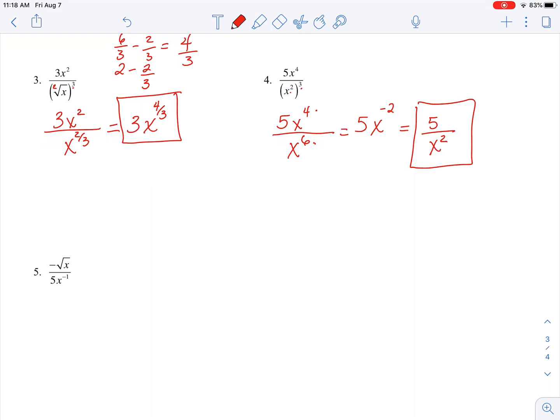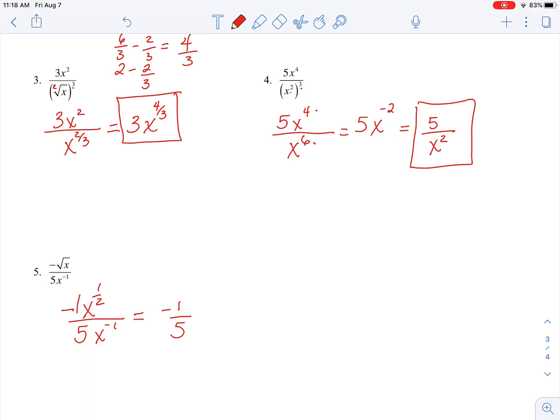And for the last problem, number 5, I can rewrite this as negative x to the 1/2 power divided by 5x to the -1 power. There's 2 ways you can do this. I usually just leave the fractions where they are. So I have a number part. This is -1 over 5, because technically there's a 1 out there.